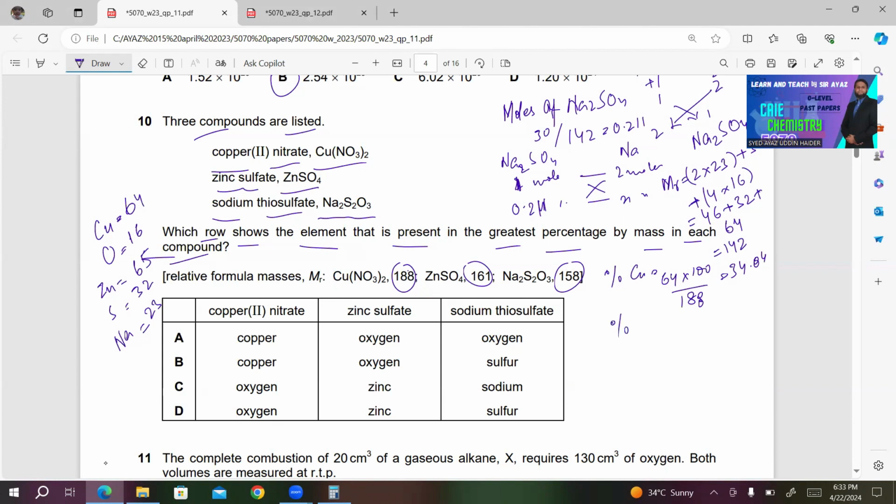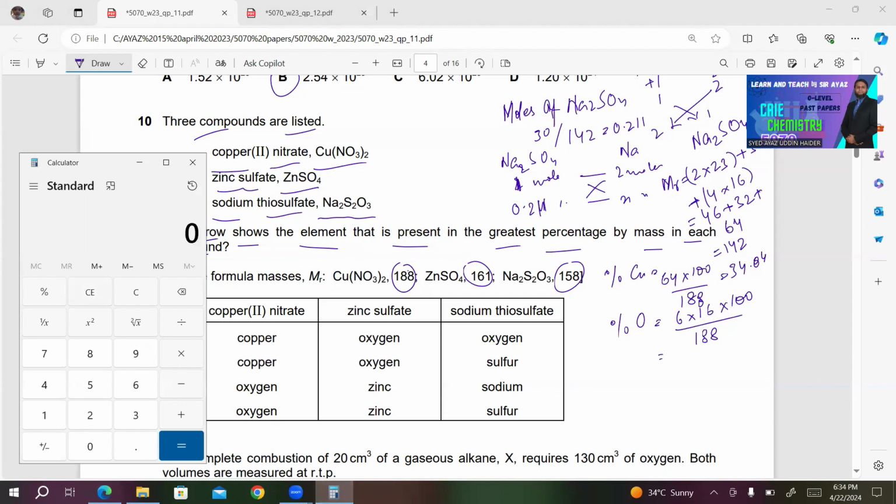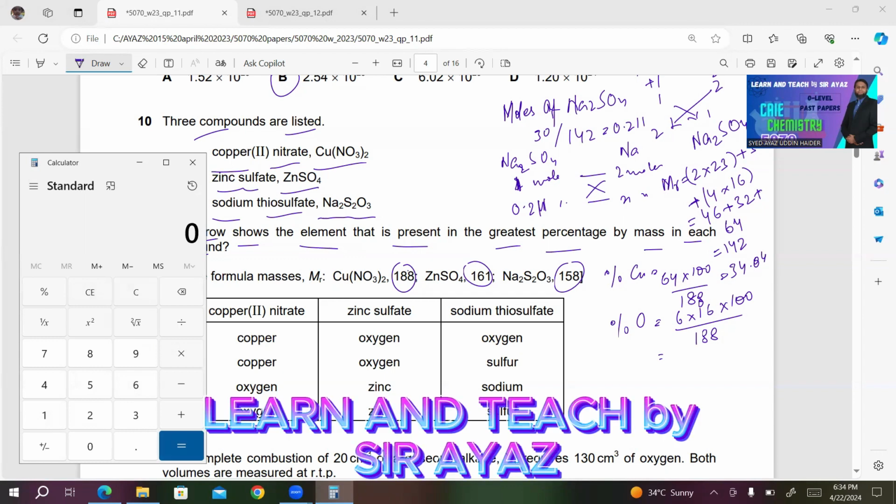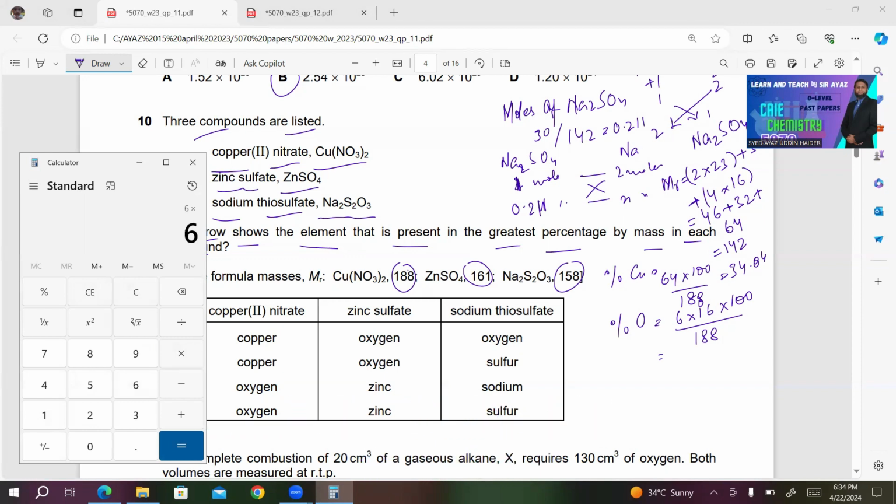So percentage of oxygen will be 6 multiplied by 16 multiplied by 100 divided by 188, which is 51.063.